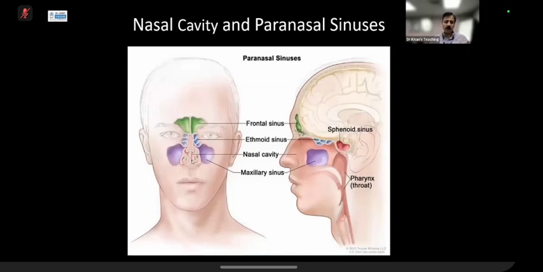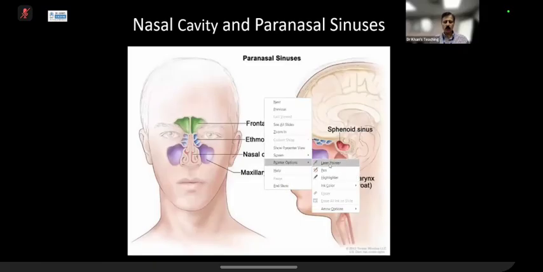Please remember the physiology. Normal physiology is that the sinuses produce secretions, mucociliary, and there is a drainage pathway. And all of these sinuses have a drainage into the nasal cavity.